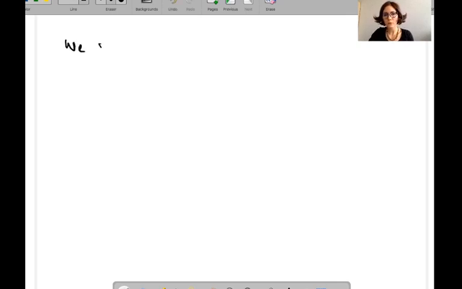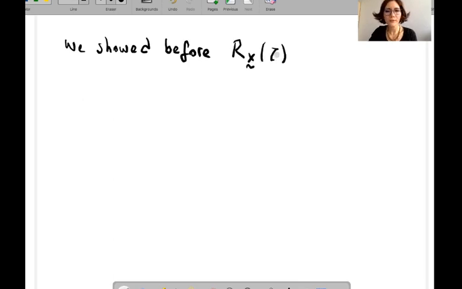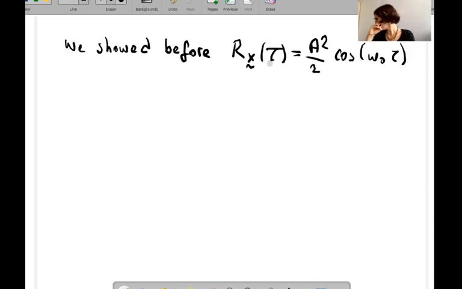So we showed before that the autocorrelation function Rx of tau was given by this expression: A squared over 2 cosine omega 0 tau. The process was wide-sense stationary, so the ACF was a function of tau, and this was the expression.